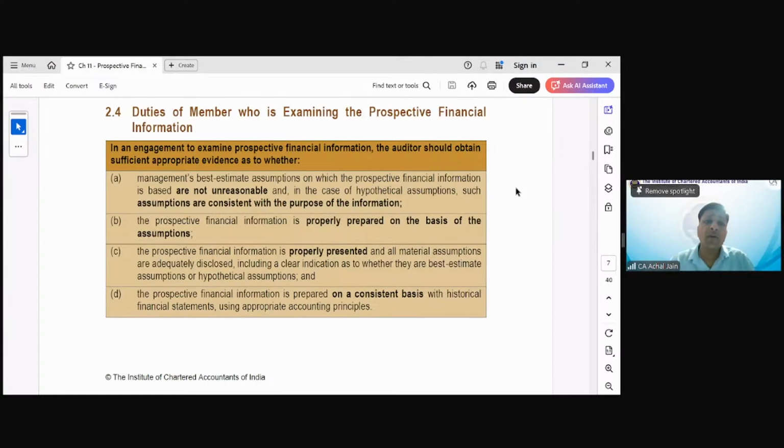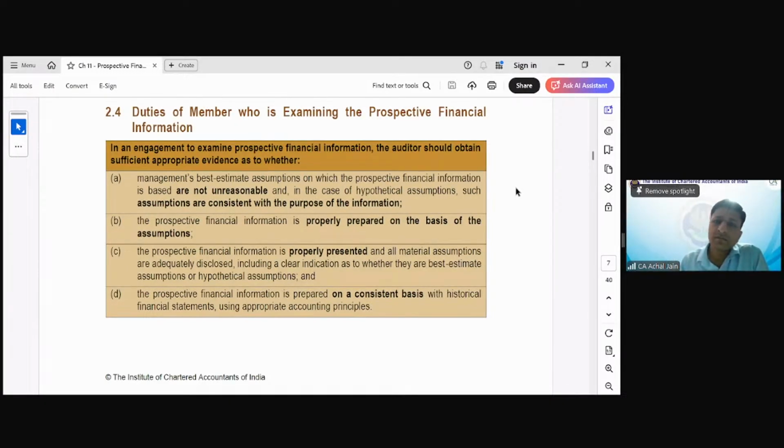What is going to be the most critical part in this financial information? Let's suppose you were called to examine, what is the most important part that you will want to focus on?